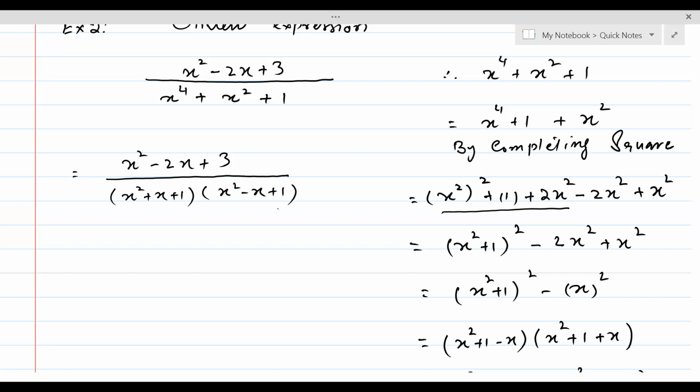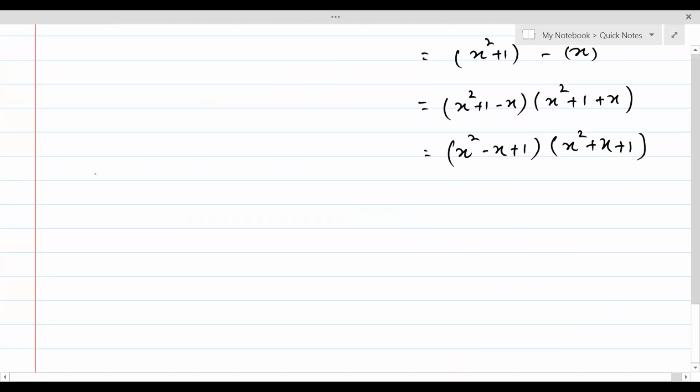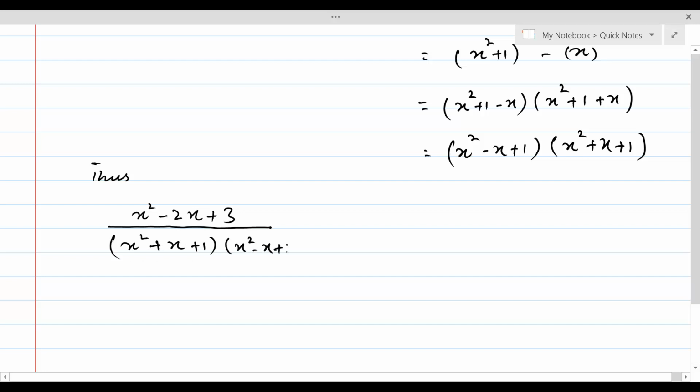And just like before, because both of these factors are not reducible any further into linear factors, therefore we are going to use two constants for each one of them. So thus x square minus 2x plus 3 divided by x square plus x plus 1 into x square minus x plus 1.